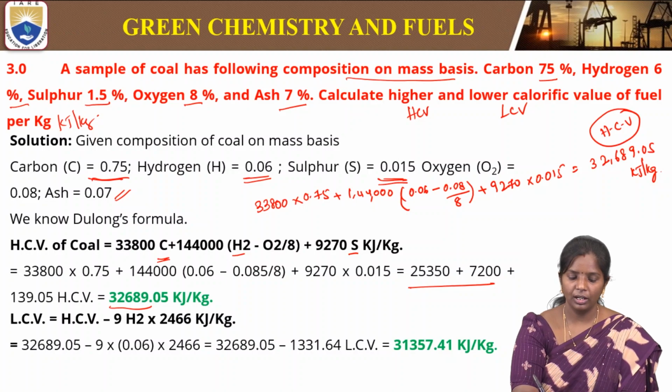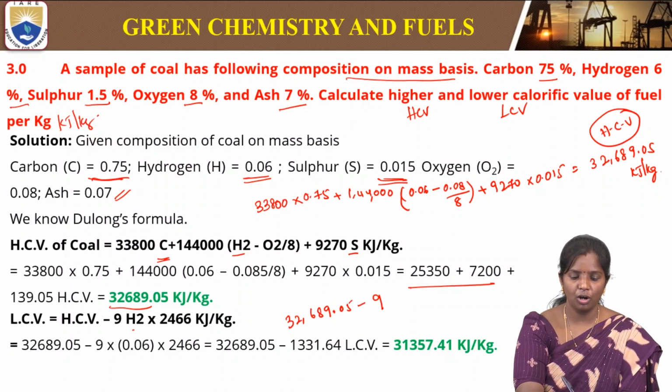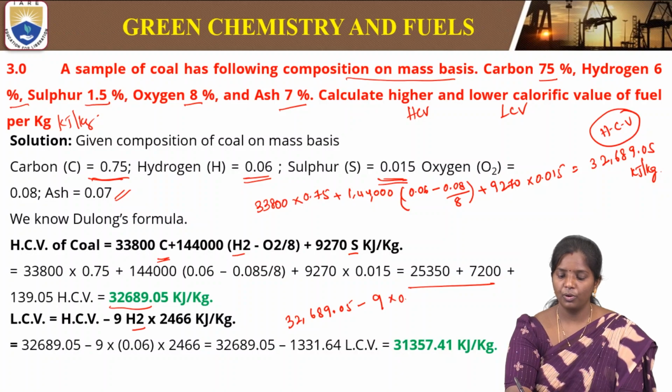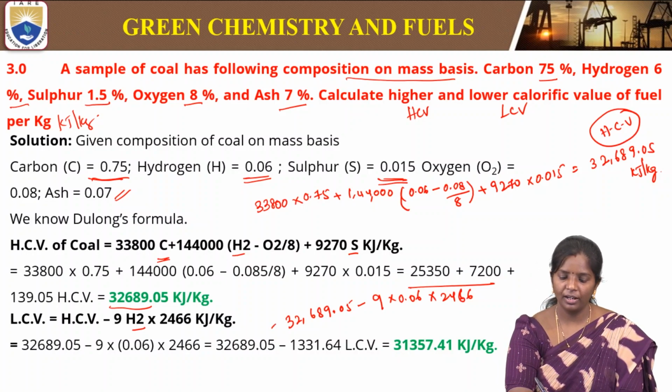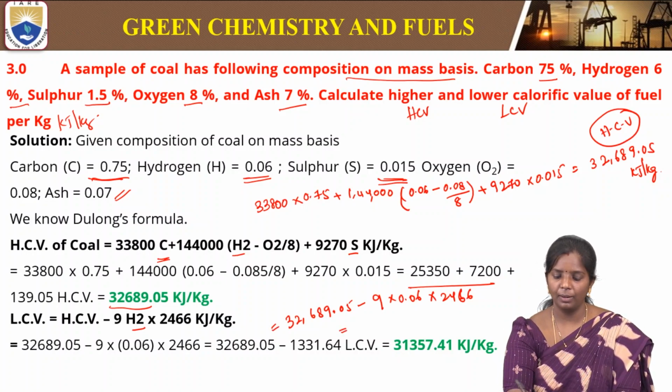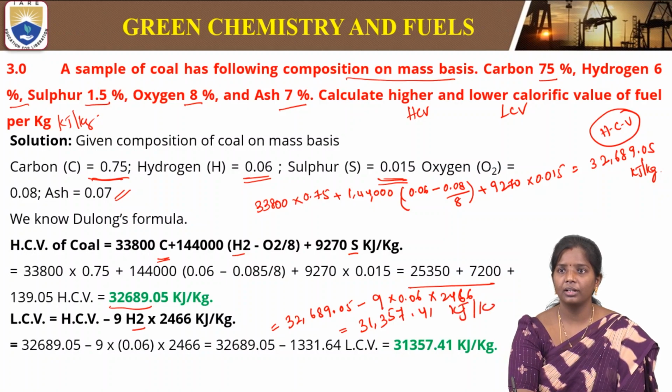Next, LCV. Now substitute this 32,689.05 kilojoules minus 9 into hydrogen. How much is the hydrogen? 0.06 into 2466. So this is the formula, and we are substituting, and upon calculation we get 31,357.41 kilojoules per kg.